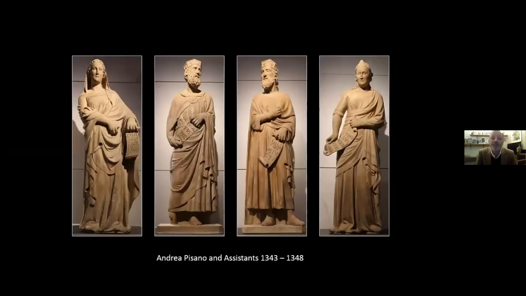We have selections of Old Testament kings, including King David and King Solomon, as well as Greek prophetesses and Roman prophetesses known as Sibyls. And here we have the Tiburtine Sibyl and the Erythraean Sibyl. So again, something that we might not think about as being a normal way to decorate a religious building.